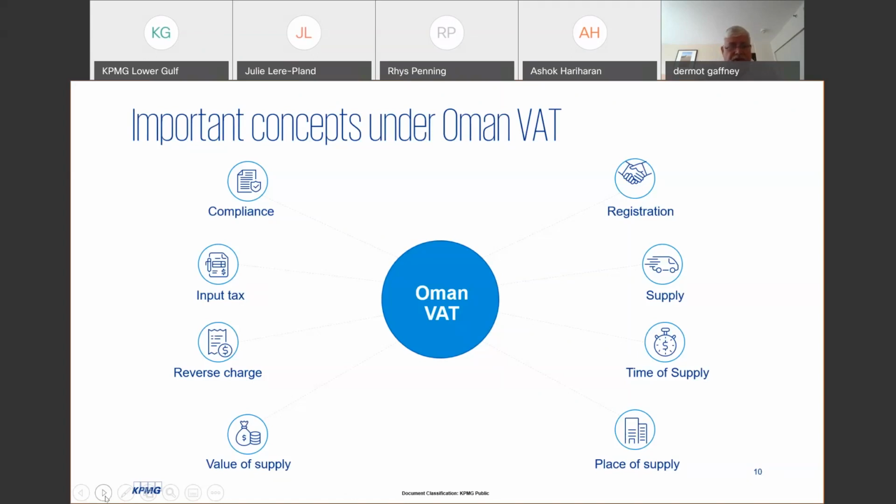You have to first look and see, do you have an expense that is directly attributable to the making of a taxable supply, and if so, it's fully recoverable, or is it directly attributable to the making of an exempt supply, and therefore it is fully non-recoverable. It's only in the mixed category where supplies like overheads may relate to both parts of the business, and they need to be apportioned. So go ahead, Julie, with the next one, please.